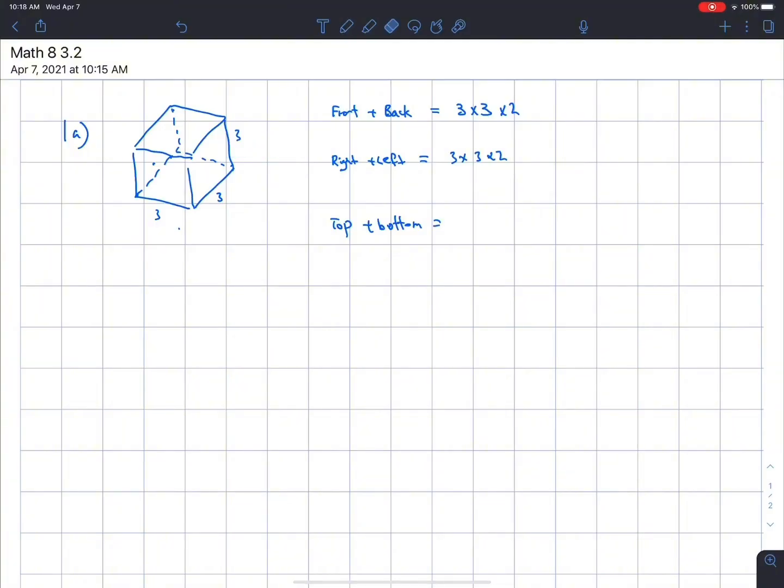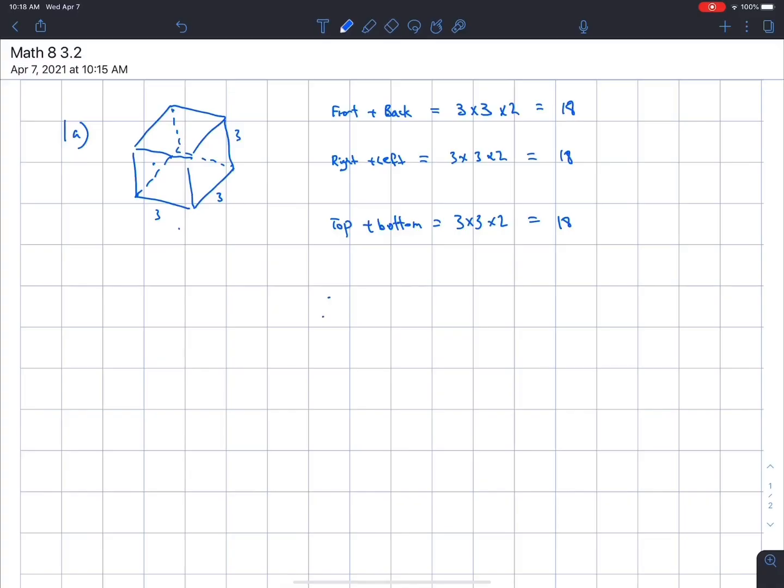And top and bottom as well is also a 3 by 3, because this is a cube, right? If you look at the bottom piece right here, that's a 3 times 3. And then we times it by 2 because bottom and top are exactly the same. So we get 18, 18, 18.